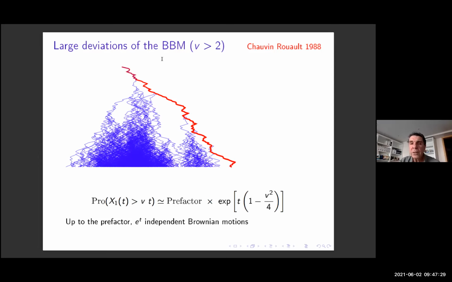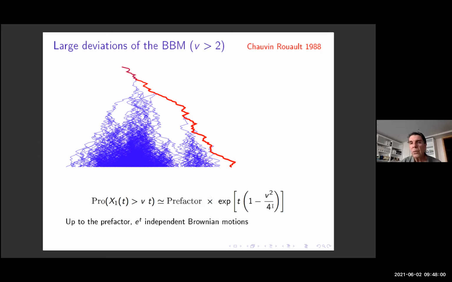If you just take the BBM, the answer to this question has been known for more than 30 years, by Chauvin and Rouault. The probability of the large deviation, the probability that the leader of a branching Brownian motion, without the saturation, is just exponential of t times (V minus V squared over 4).